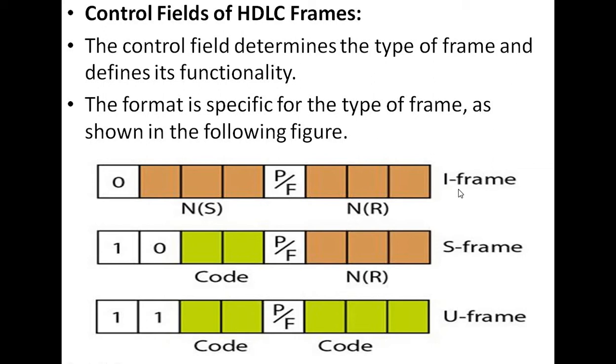Okay, listen carefully, basically I frames are designed to carry user data from the network layer. So why are we using the I frames? I frames are designed to carry the user data from the network layer.